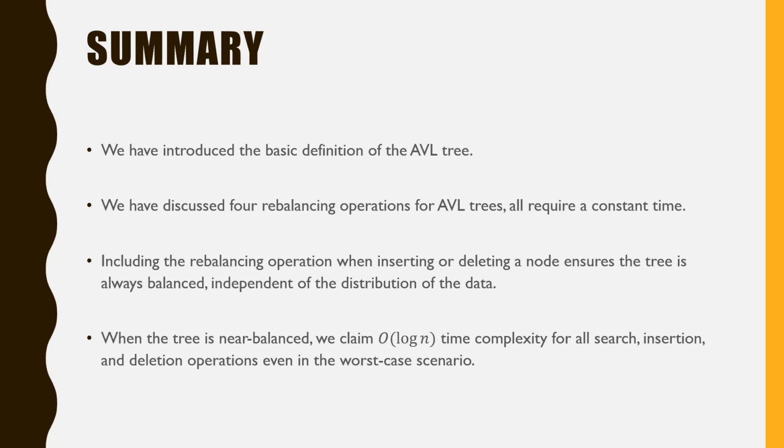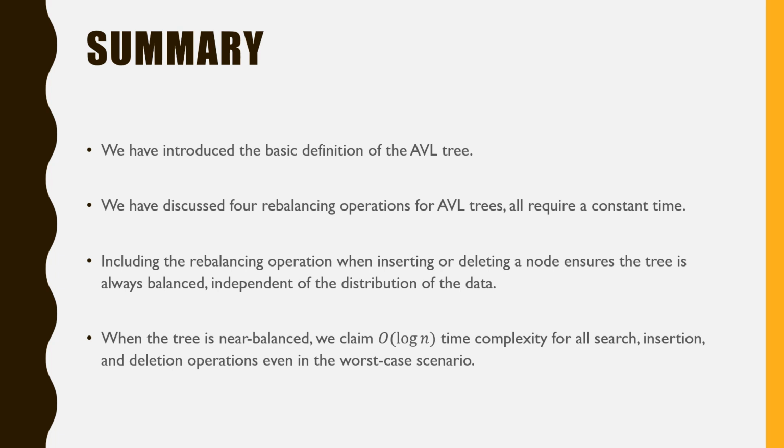In summary, we introduced the AVL tree in this video. An AVL tree is a nearly balanced binary search tree maintained through 4 rebalancing operations. All 4 operations run in constant time O(1) and are integrated in every insertion and deletion operation.